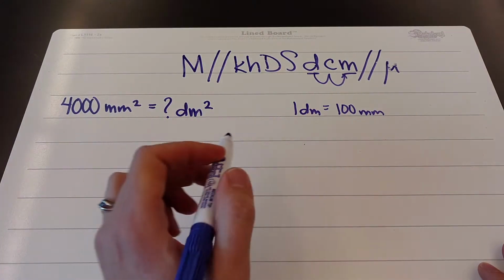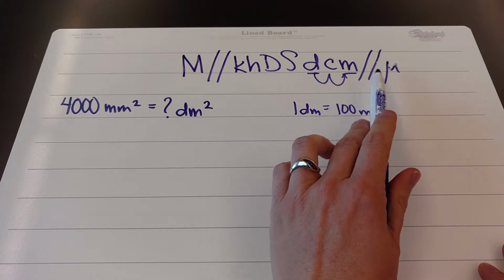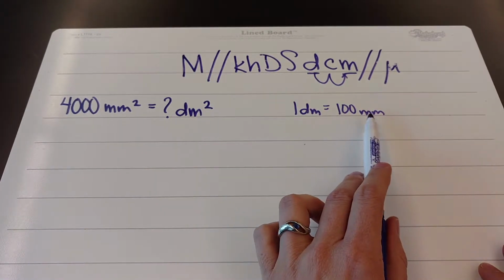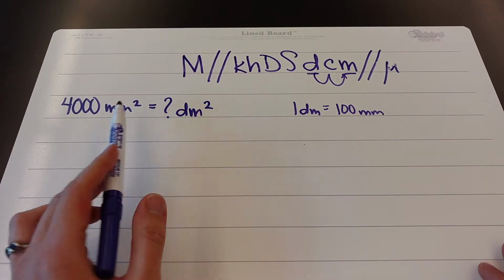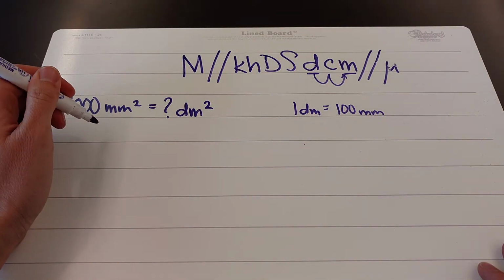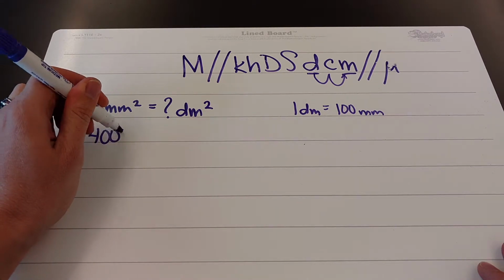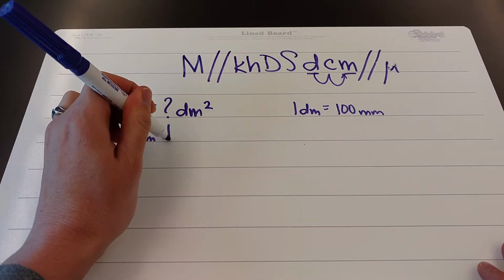Okay. Now notice when I wrote this, these are not squared. Okay, nothing about this line is squared. Okay, powers of 10 separation in length here. Okay, now this is squared. So when we set up our problem, we're just going to pretend like that's not squared for just a minute, but we're going to just start with what we were given, 4,000 millimeters squared.